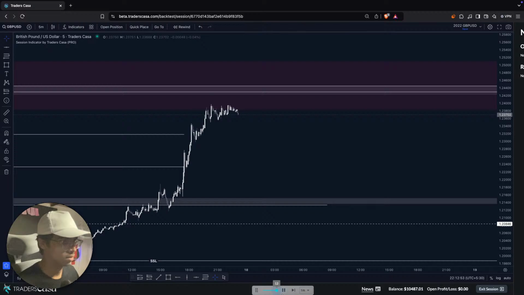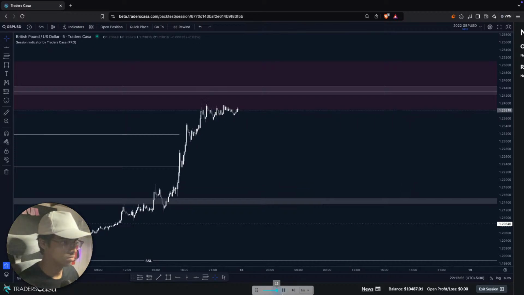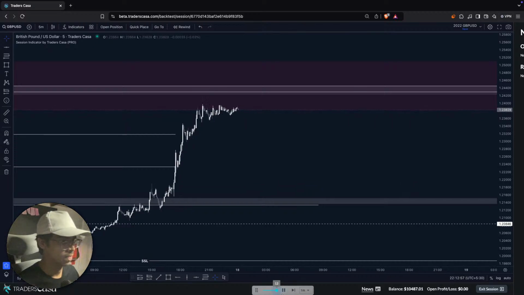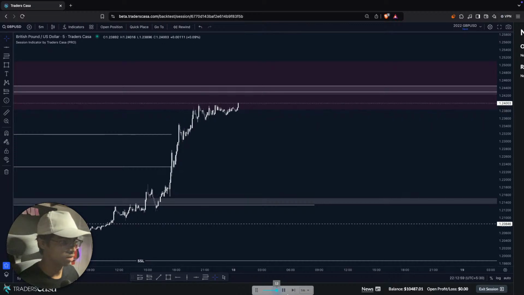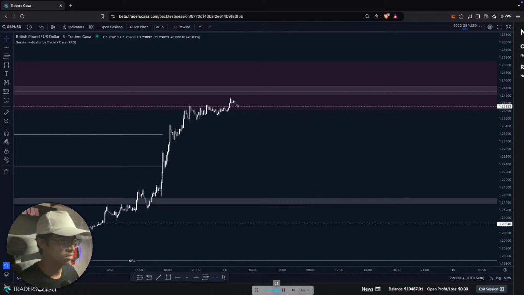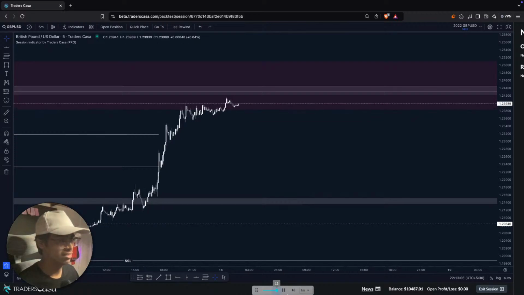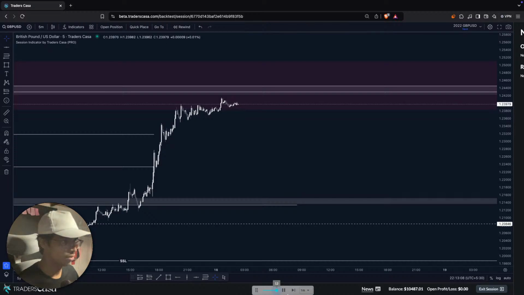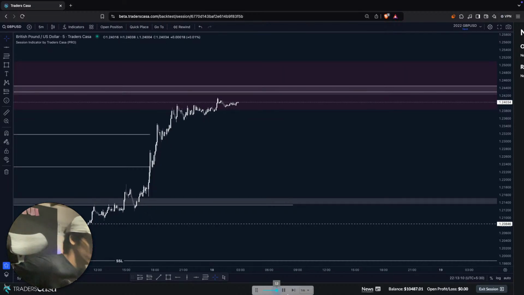Let's wait for a break. After 2:30 it is already going to consolidate. BSL. This is steep price movement. At least now if it goes to equilibrium, it's going to be very good.